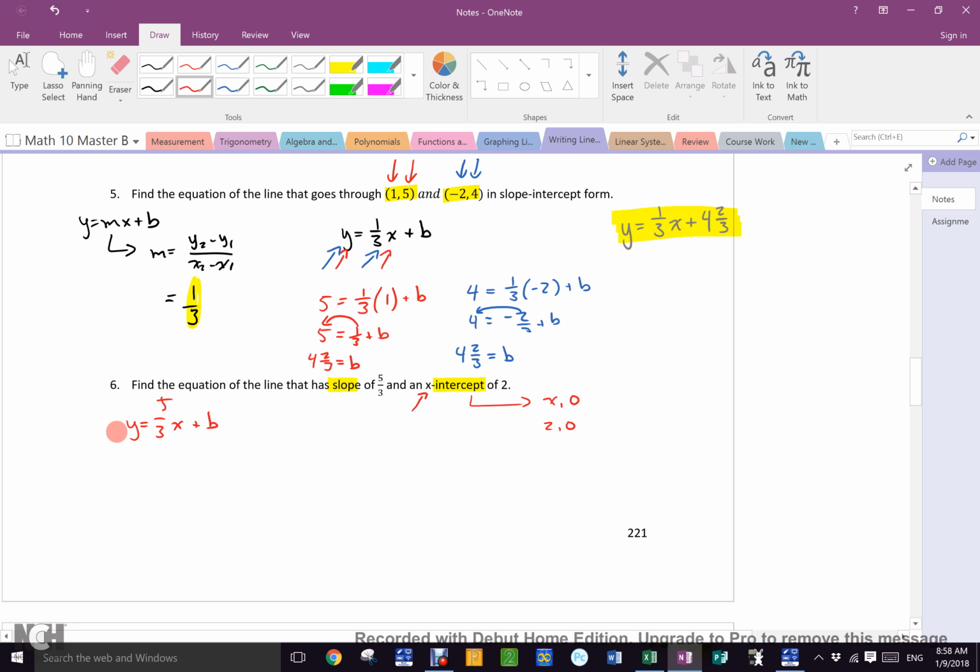What would go in for y? 0 equals 5/3. What would go in for x? 2 plus b. 0 equals 10/3 plus b. b equals negative 10/3.